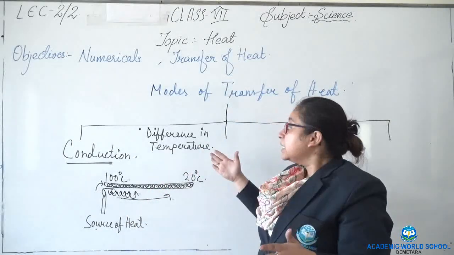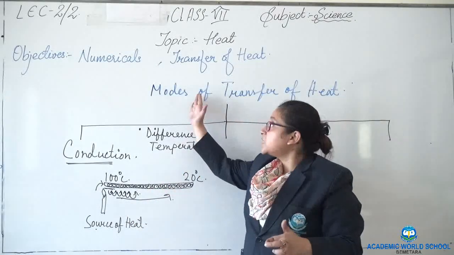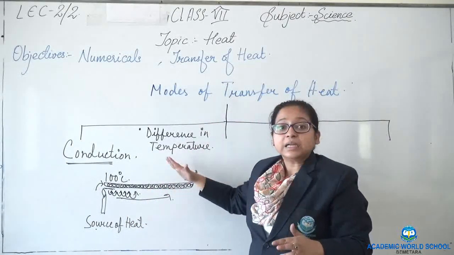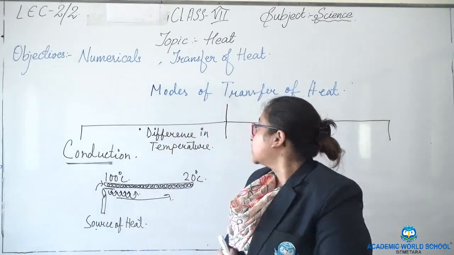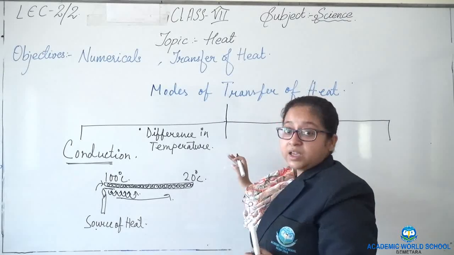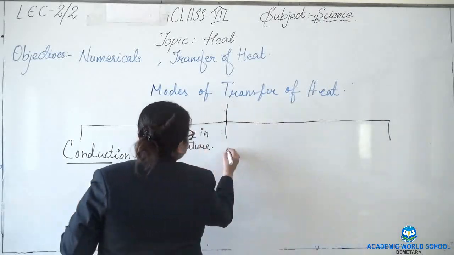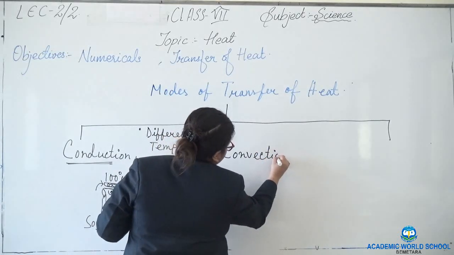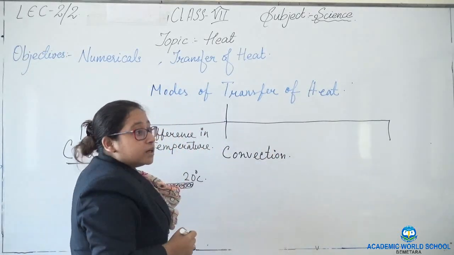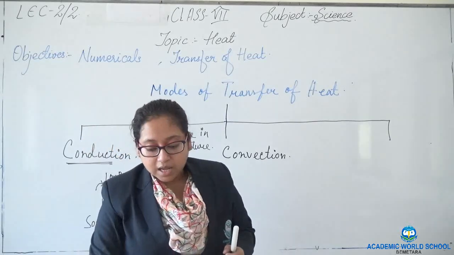This is conduction, the first mode of transfer of heat. Now I am coming to my second mode of transfer of heat, which is convection. Now what happens in convection?